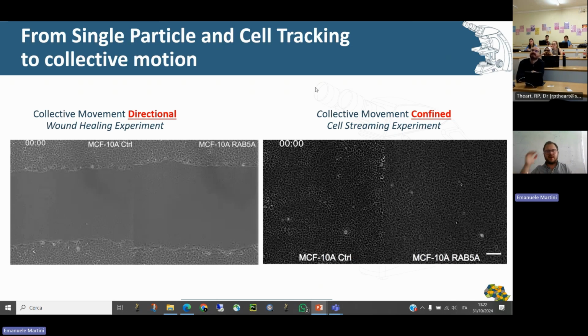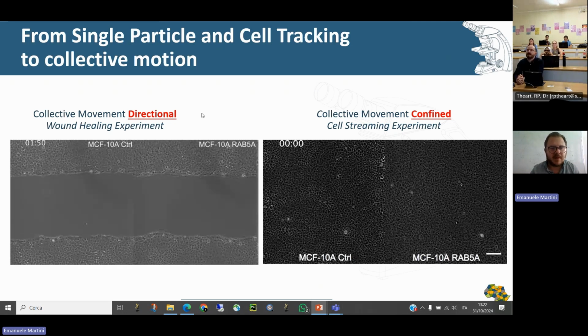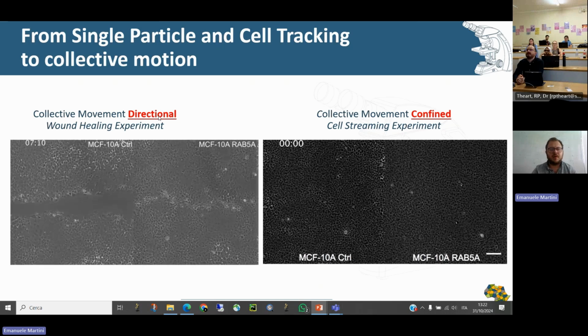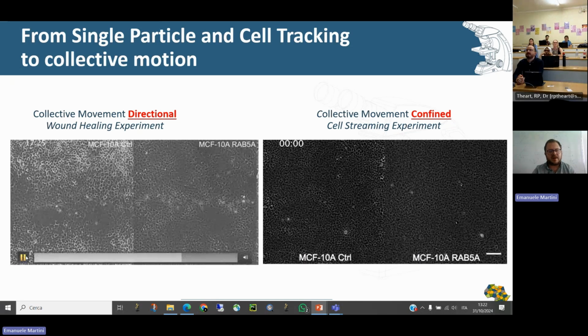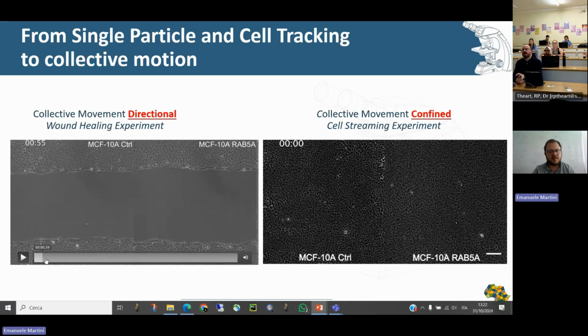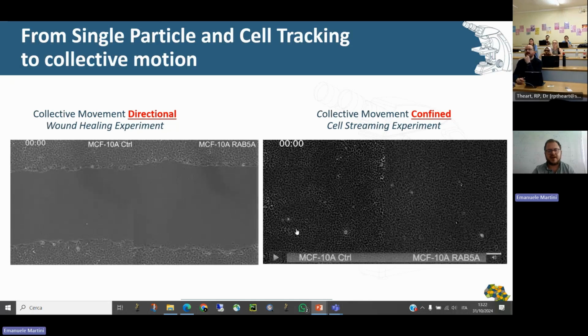To study this kind of collective movement, there are mainly two kinds of experiments. One is the so-called directional movement. The starting point is the same, but you make a scratch with a tip and create a wound.